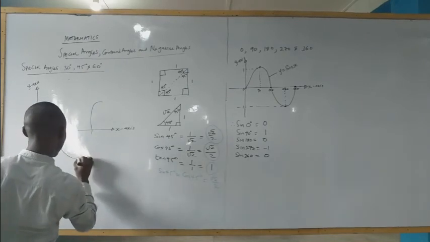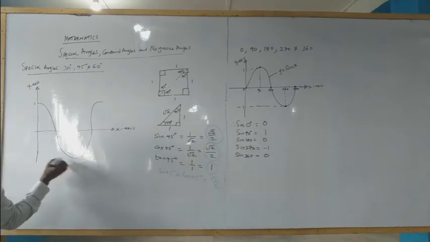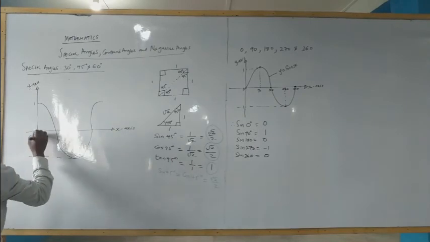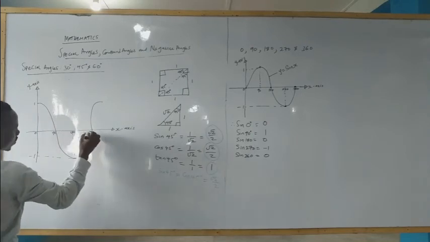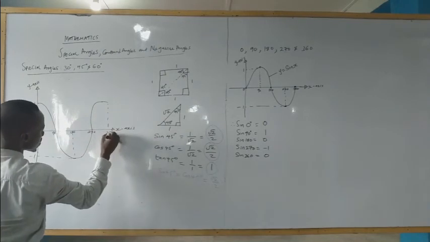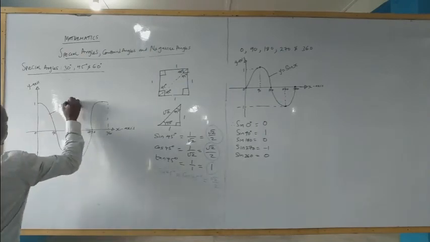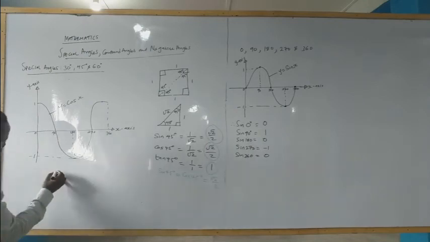From here, this one is 1, and this is minus 1. This is the origin 0. So we have 0, 90, 180, 270 and 360. This one is y equals cos x. So from here, the same way we can determine the value of 0 and all these other angles.